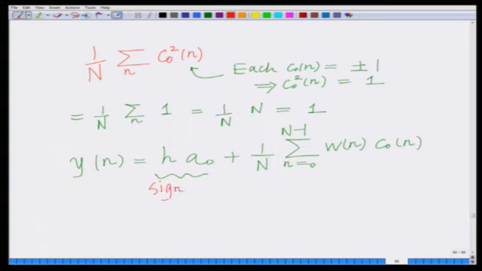So, the signal is h times a0, and this is the same as before, this is the noise at the receiver. So, we have again simplified this after the correlation in terms of the signal part and the noise part, and we are seeing that the signal part is simply h times a0.